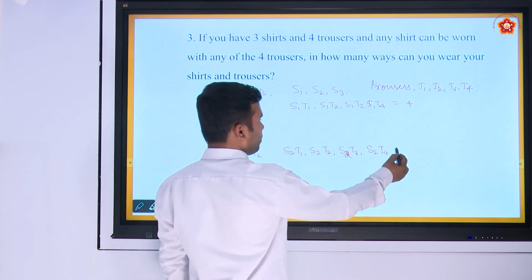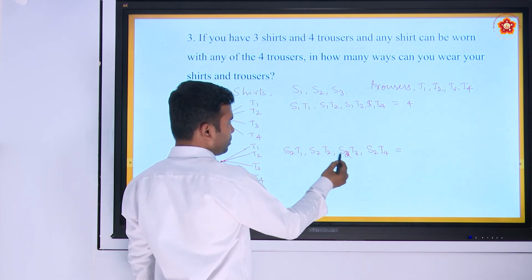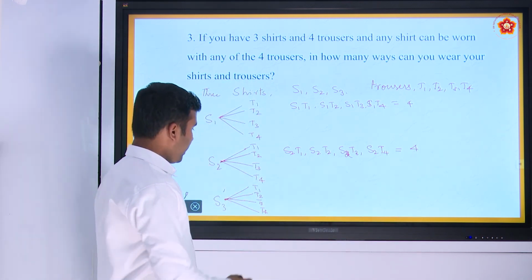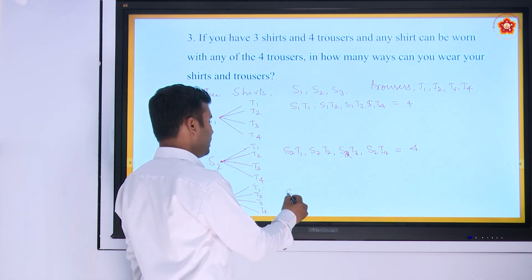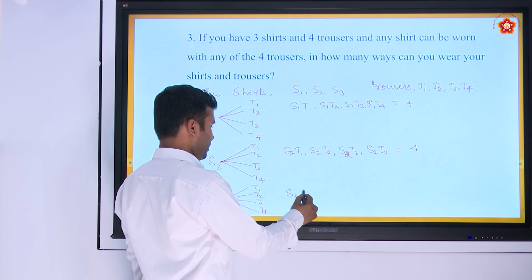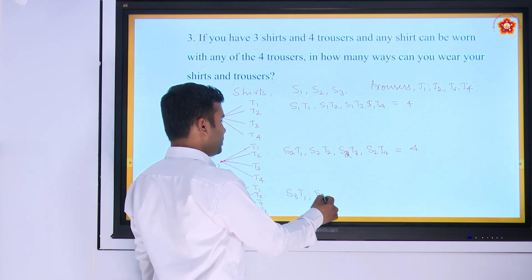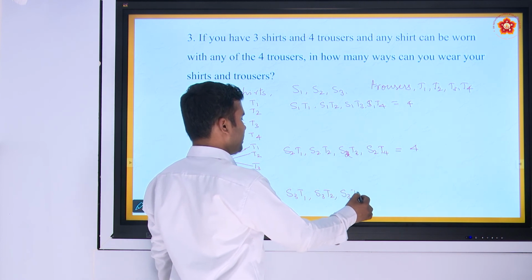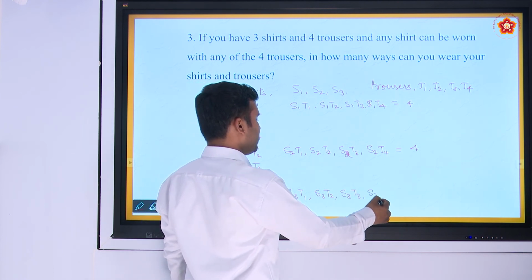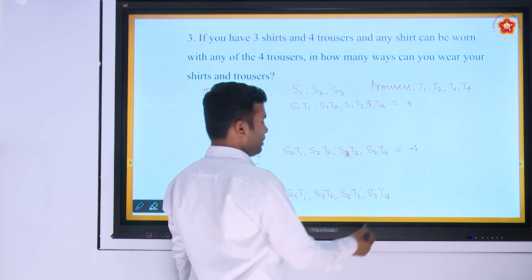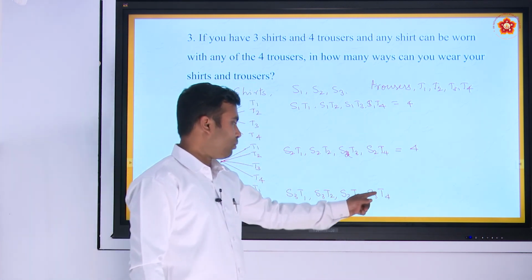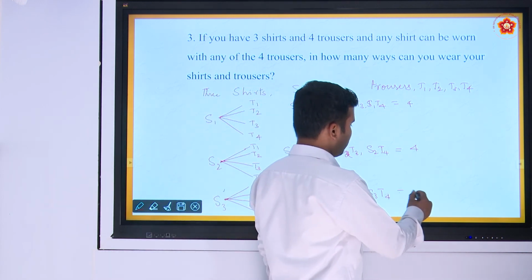Okay, so how many possibilities here? 1, 2, 3, 4. 4 possibilities. Again, here also S3, T1, S3, T2, S3, T3, S3, T4. So count how many possible pairs? 1, 2, 3, 4. So there will be 4.